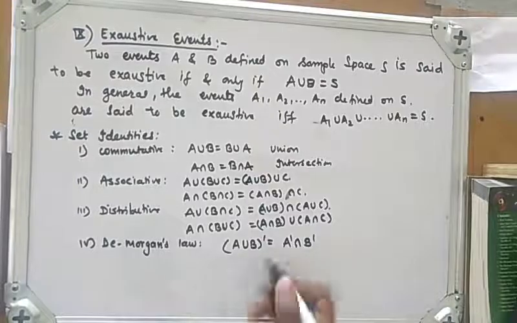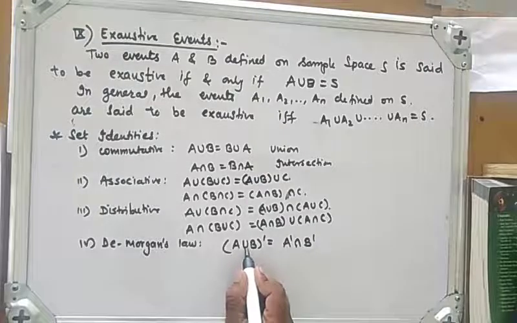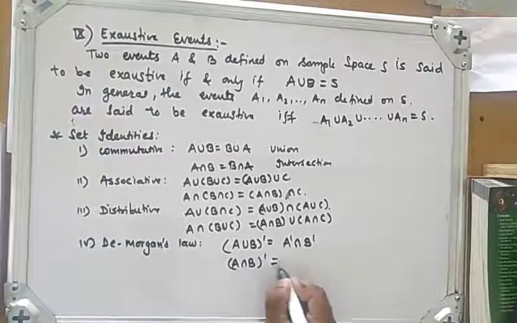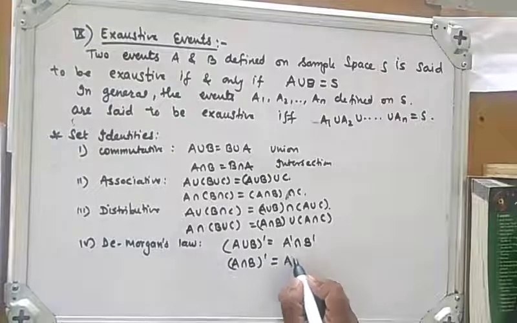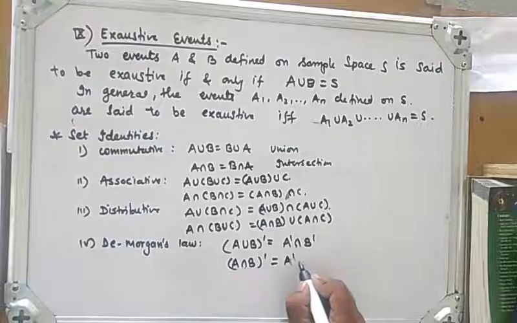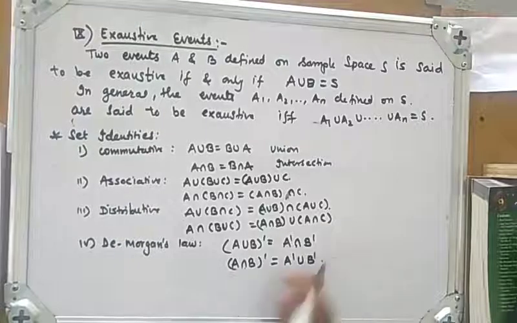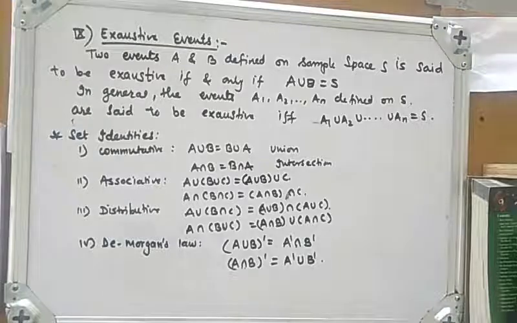And if we interchange, (A intersection B) complement is equal to A complement union B complement, where intersection is replaced by union. So this is De Morgan's law.